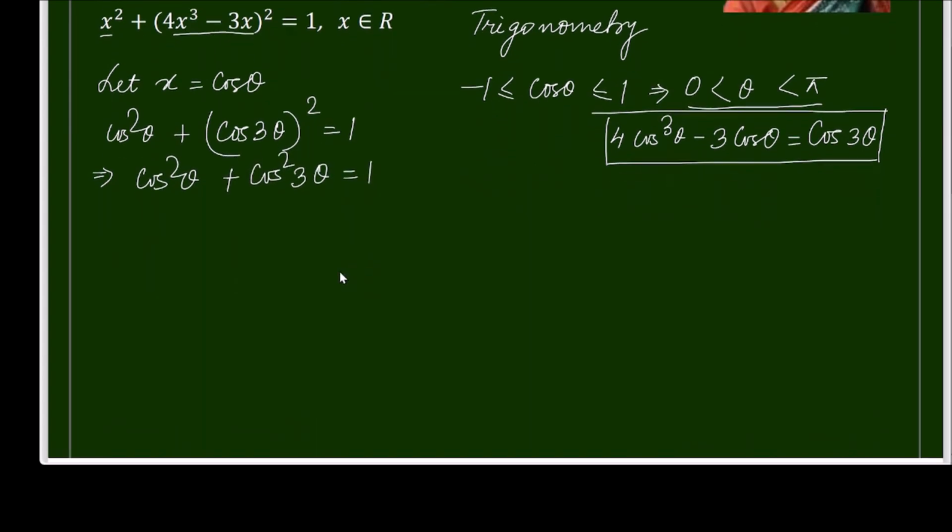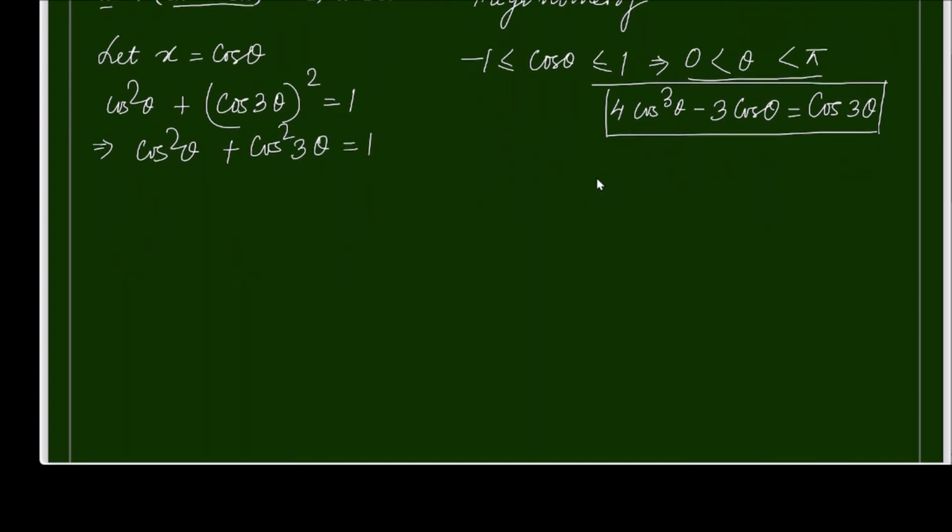Next simplification. Next again I will apply the formula 1 plus cos 2 alpha is equal to 2 cos square alpha. From this, cos square alpha can be written as 1 plus cos 2 alpha by 2.